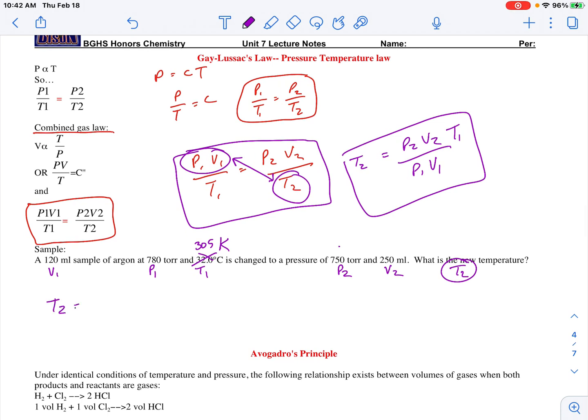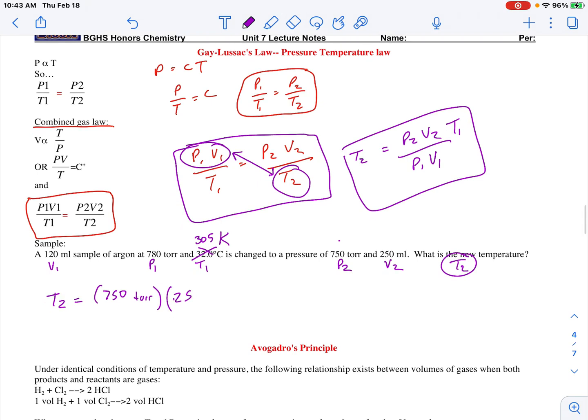So let's plug in what we know. Let's take the second pressure, which is 750 torr, multiply it by the second volume, which is 250 milliliters, multiply it by the first temperature, 305 Kelvin, and then we're dividing by the original pressure, and also dividing by the original volume.